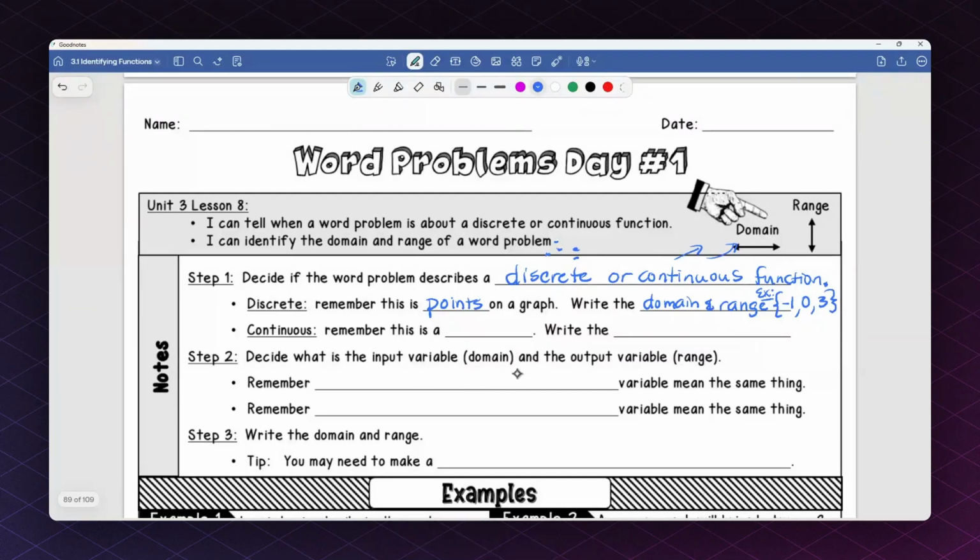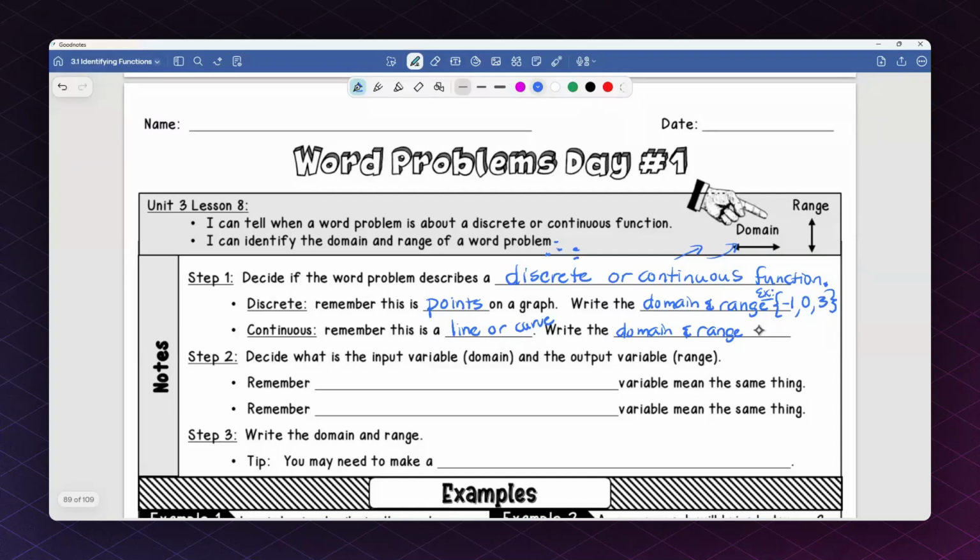This is different from a continuous function where it is a line or curve. And so you will write the domain and range with your greater than or less than or equal signs.